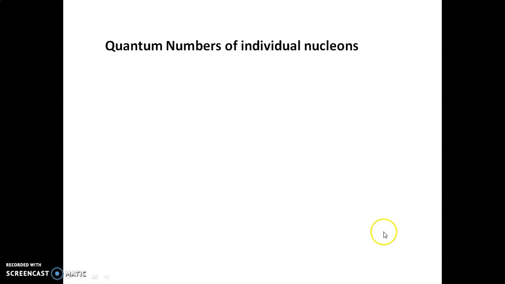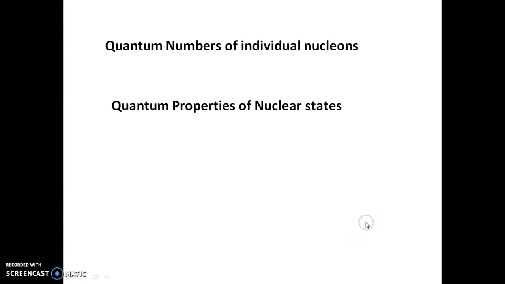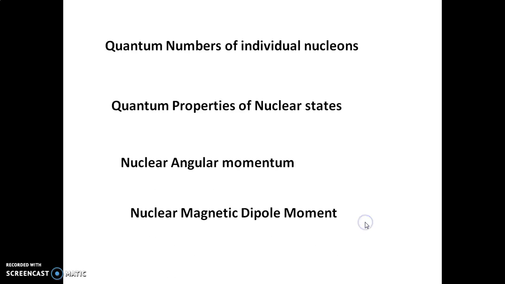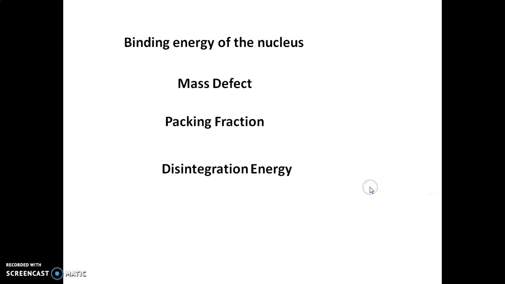Now this will be followed by quantum numbers of individual nucleons, quantum properties of nuclear states, nuclear angular momentum, nuclear magnetic dipole moment, binding energy of nucleus, mass defect, packing fraction, disintegration energy, and the semi-empirical mass formula.